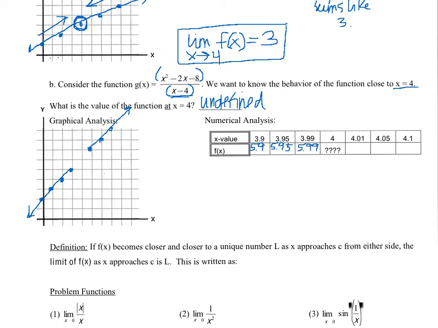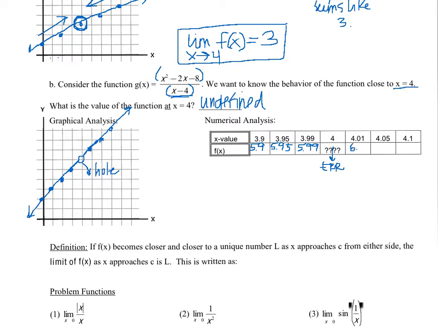So even though I don't have a value directly at 4, because at 4 I get that error in my calculator, there are values directly around it. The way we show that on a graph is we put an open circle at that value, and then we connect our line on either side. At 4, there's what we call a hole. It may not be evaluated at 4, but there are values everywhere around it.